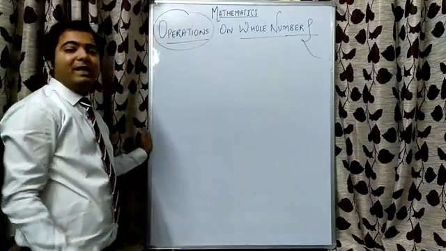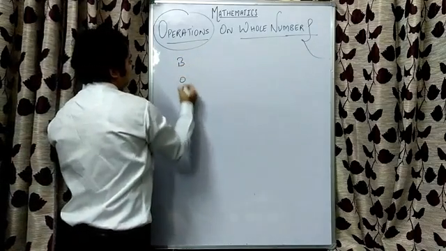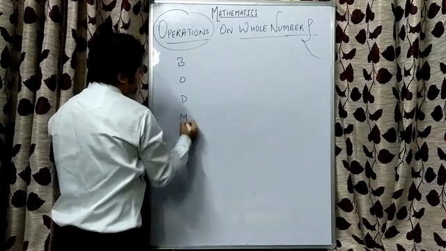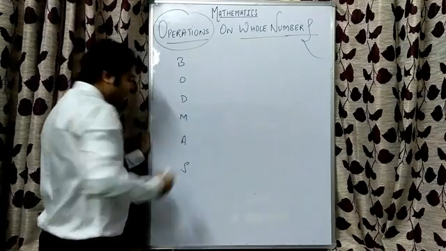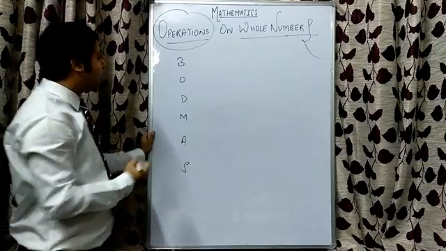Operations here basically means we will be applying the concept of BODMAS that you have already studied in your previous classes. But before we elaborate further, let us have a quick recap about BODMAS.